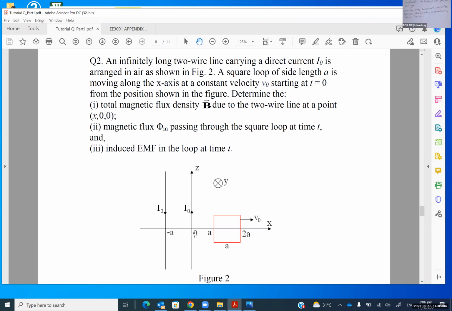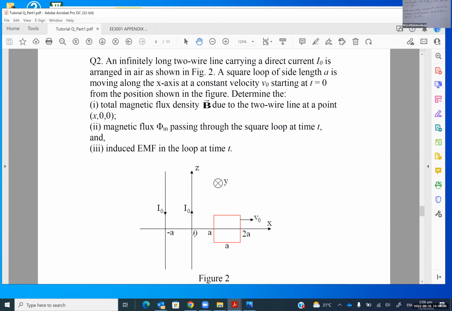Now we already have the direction of our magnetic field. How about the magnitude? You need to apply Ampere's law. You visualize a circle in the XY plane whose radial distance is X, so the circumference length is 2 pi X, and it encloses a current of I naught.